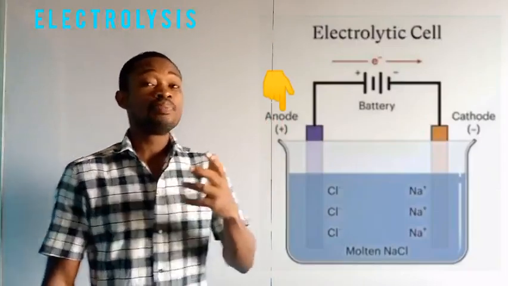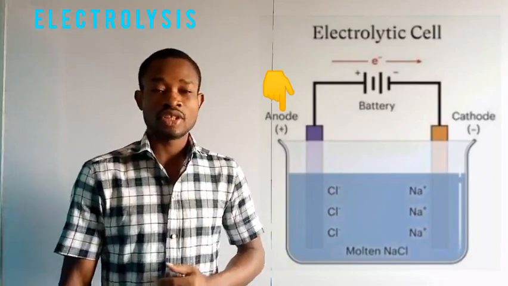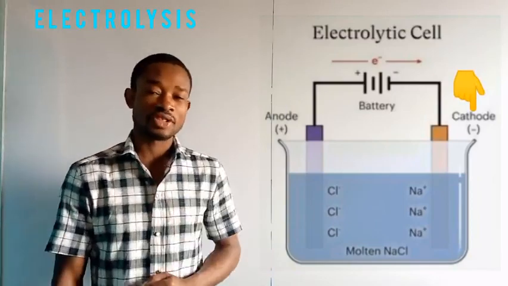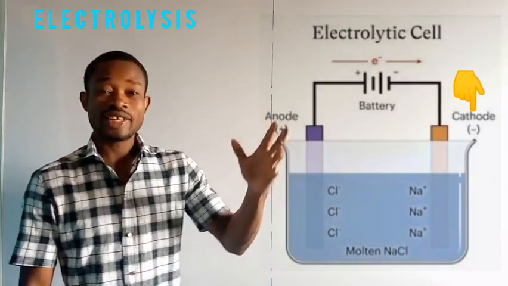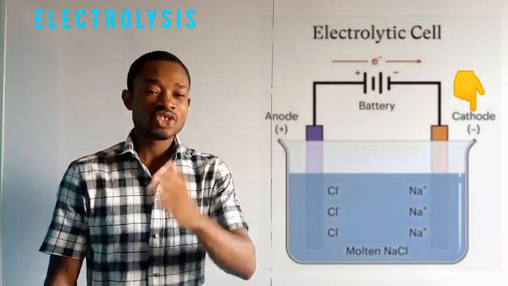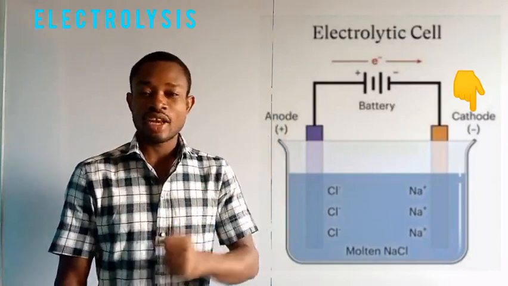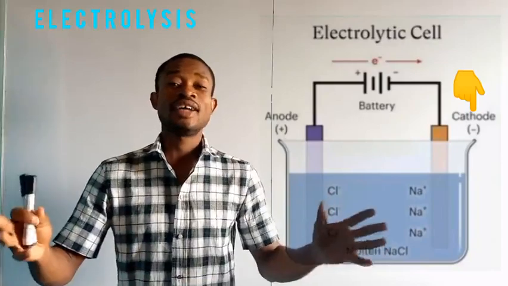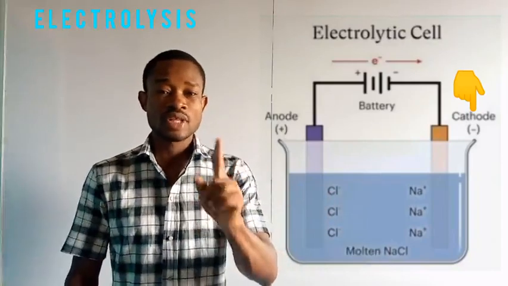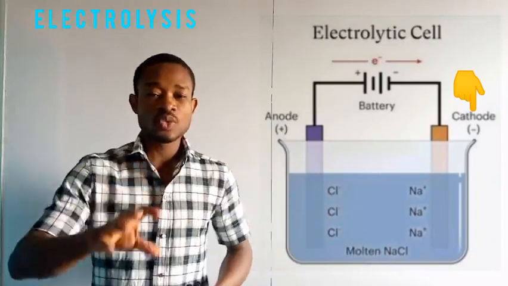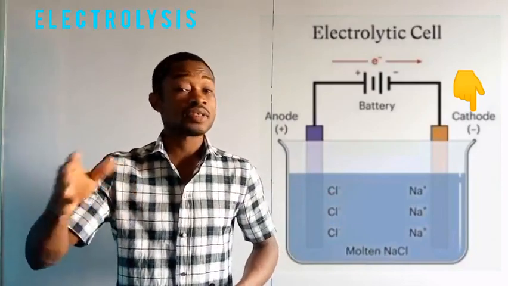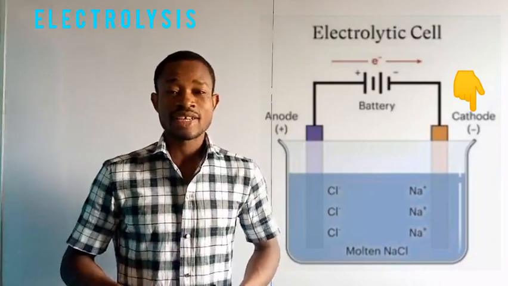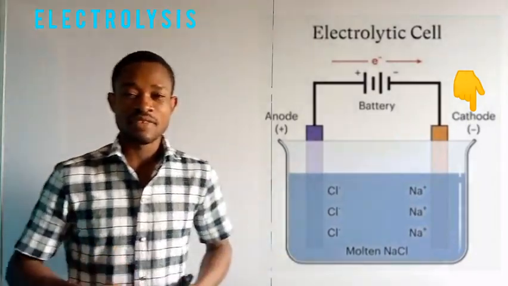So the anode is the positive electrode in electrolytic cell. Then the cathode is the second electrode. The cathode is the negative terminal or the negative electrode in an electrolytic cell. So don't forget that. We have two types of electrodes, the anode and the cathode. In the electrolytic cell, the cell where electrolysis takes place, the anode is the positive terminal and the cathode is the negative terminal.